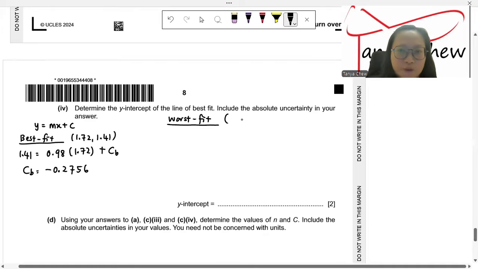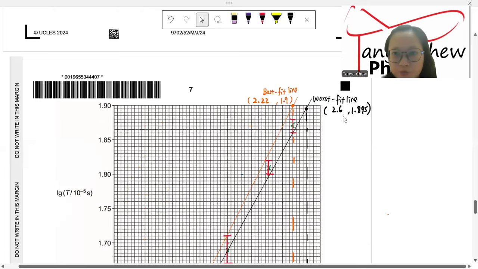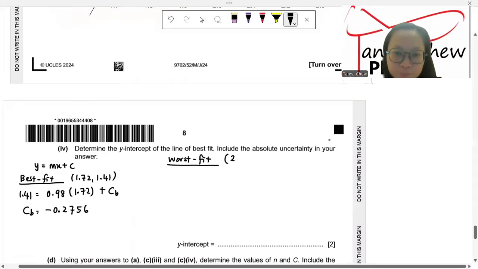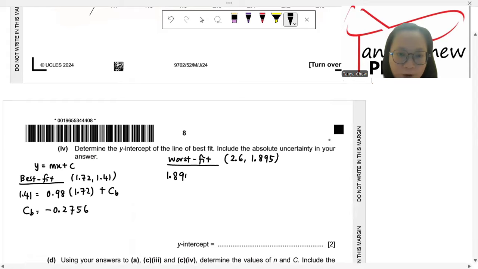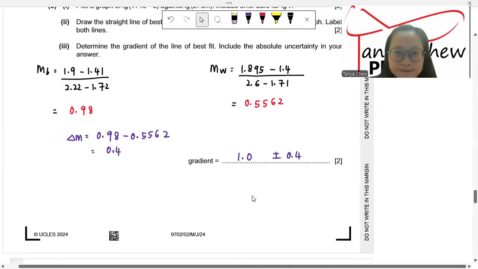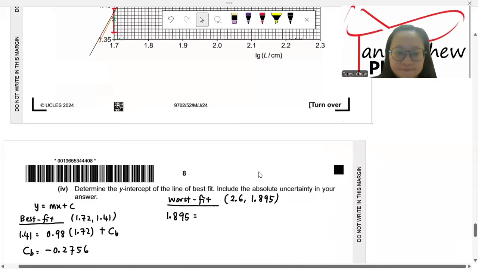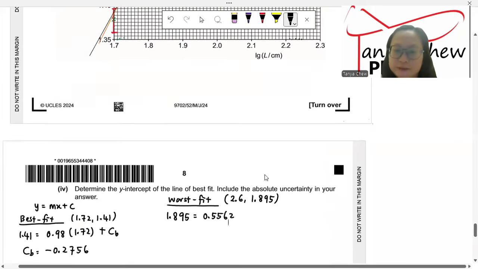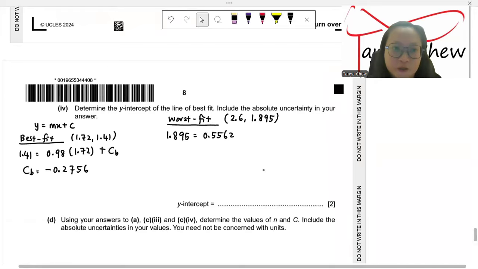Now for the worst fit, the coordinate that I wanted to use maybe for the worst fit, 2.6 and 1.895. Now, using the same approach, y is equal to 1.895, and then gradient of the worst fit, which is 0.5562. It is okay if you put more significant figures because that's not the final answer.